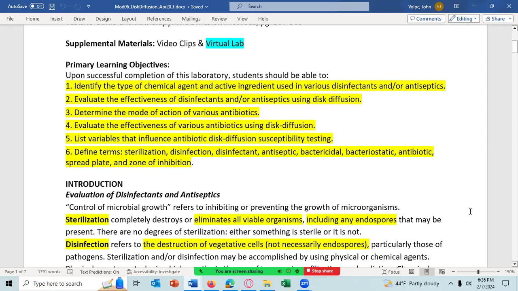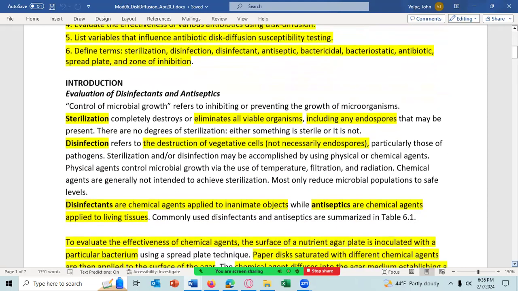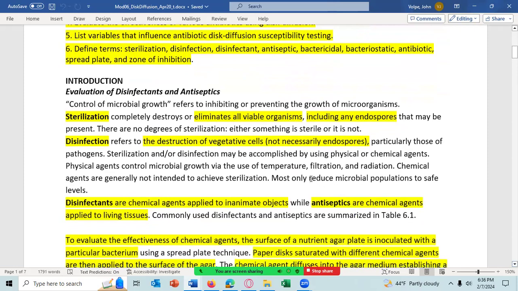Introduction. Sterilization eliminates viable organisms. So something that is sterilized has no viable organisms in it, and this includes endospores. In the lab, how we sterilize things, if you were to come into a normal microbiology lab, is we put things in an autoclave. Disinfection refers to the destruction of vegetative cells, not necessarily destroying endospores.